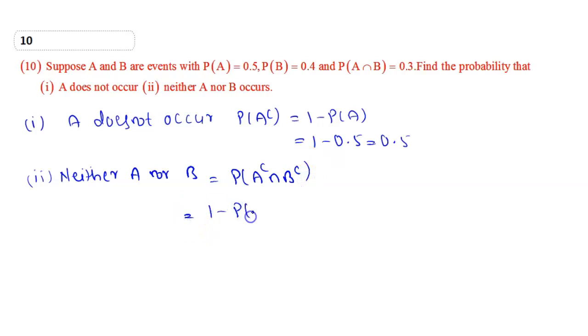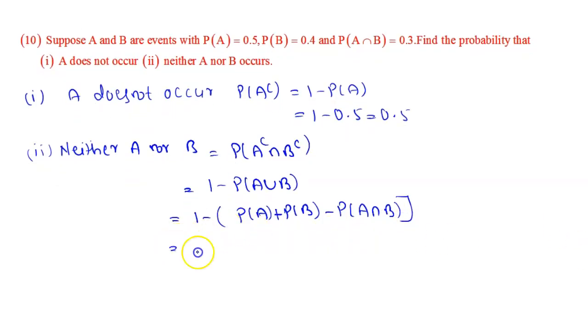This is nothing but 1 minus P of A union B. This is equal to 1 minus the P of A union B formula, P of A plus P of B minus P of A intersection B. All the values we have: P of A is 0.5, P of B is 0.4, minus P of A intersection B, that is 0.3. So this equals 1 minus 0.5 plus 0.4 goes to 0.9, 0.9 minus 0.3 goes to 0.6. So 1 minus 0.6 is 0.4. Okay.